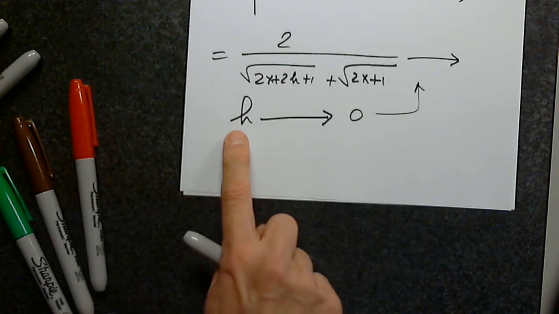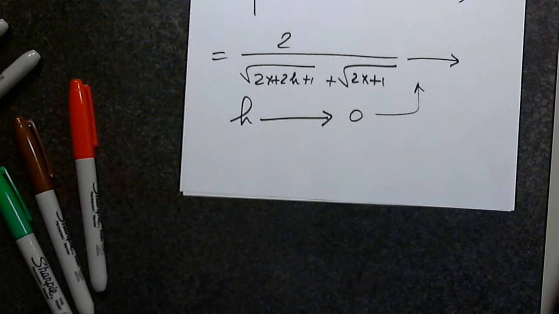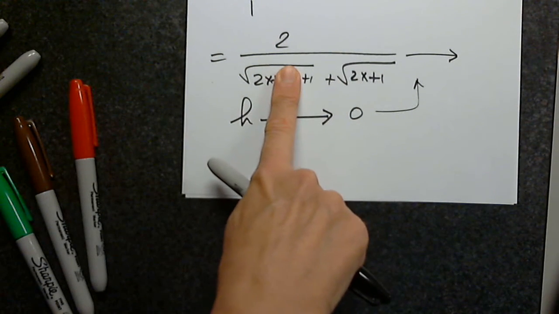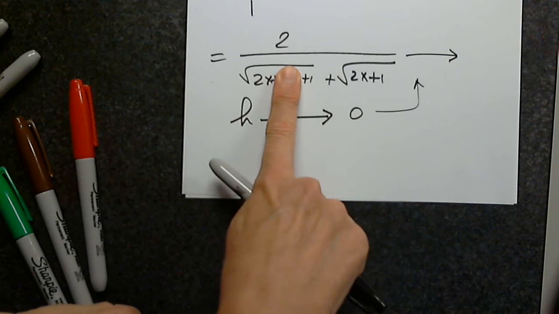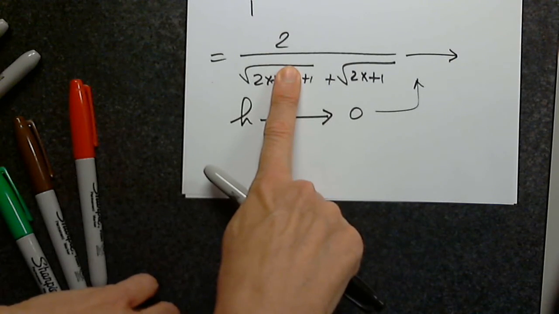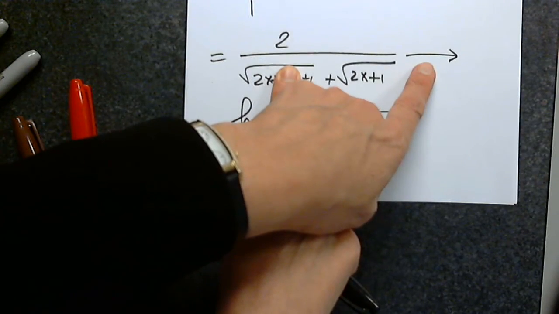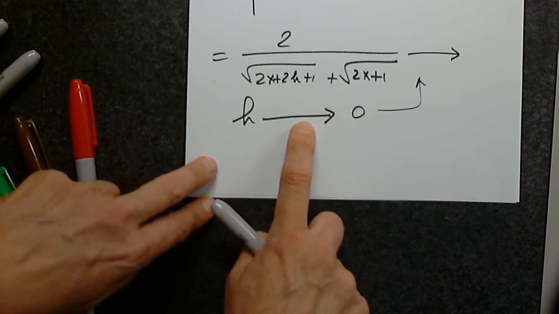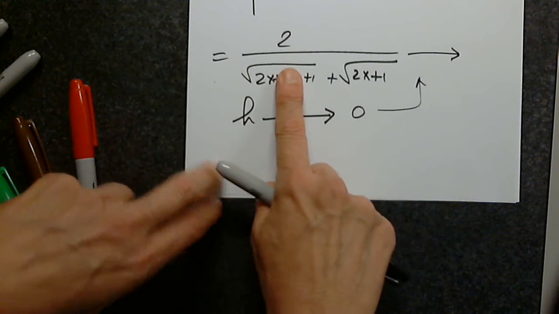We are only talking about h approaching 0. X does not change, the function doesn't change, just h changes. See, this is not the equal symbol. I'm not making h 0. I'm saying when h gets closer and closer to 0, what is the final answer?